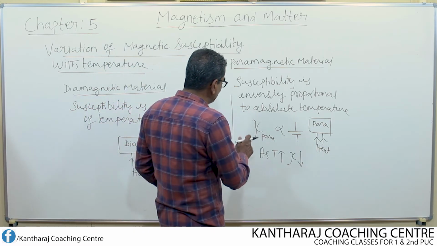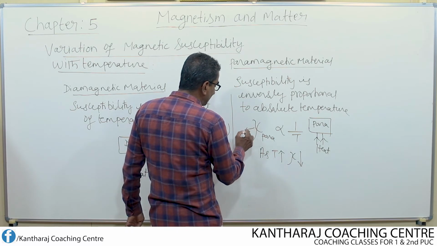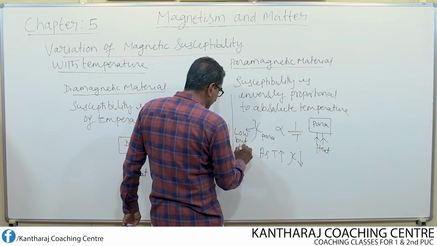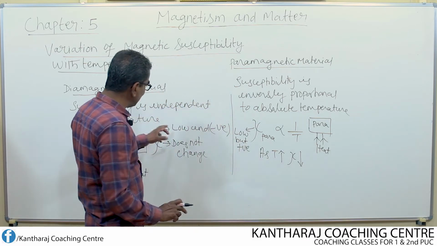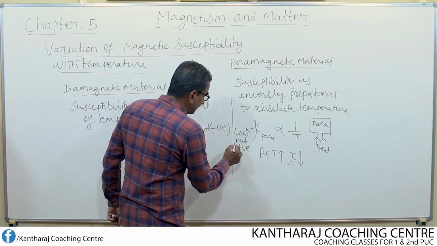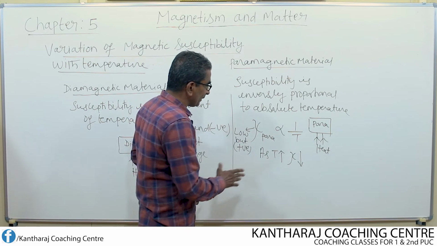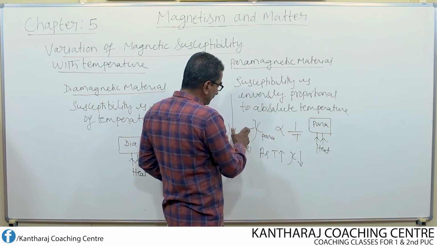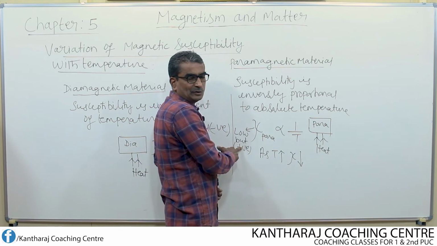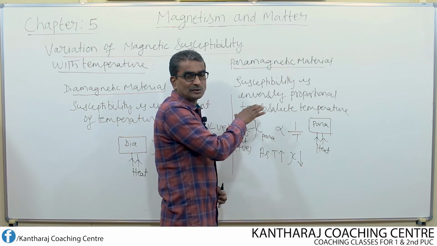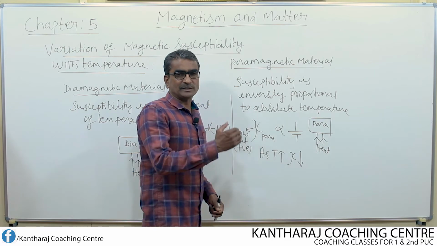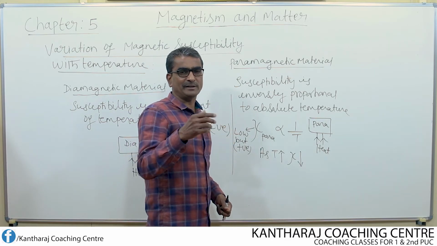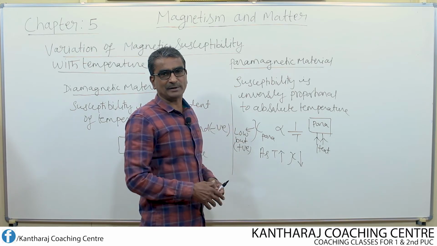And we know that the susceptibility for paramagnetic material is low but positive, whereas for diamagnetic material it is low and negative. Here it is low and positive. So on heating this paramagnetic material, if temperature increases, then the susceptibility value goes on decreasing. So positive, it goes on decreasing, it becomes 0 and it may become even negative at one particular temperature.